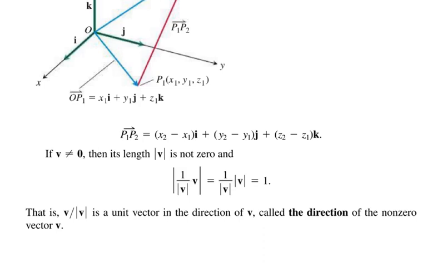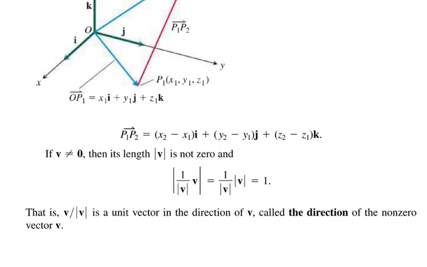So we start coming to this process of developing a unit vector. And a unit vector is a vector of length 1 in the same direction as the non-zero vector v that we are considering. So if we take that vector v and divide it by the magnitude of the vector, that is going to give us a vector of length 1.